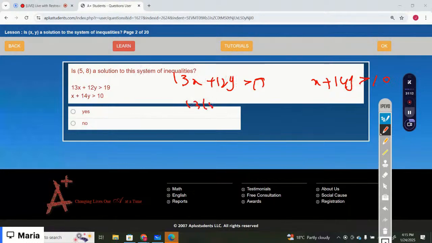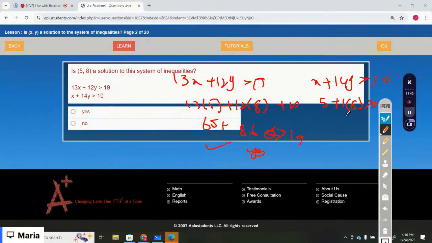So 13 times 5 is 65, plus 12 times 8 is 96. That is greater than 19.